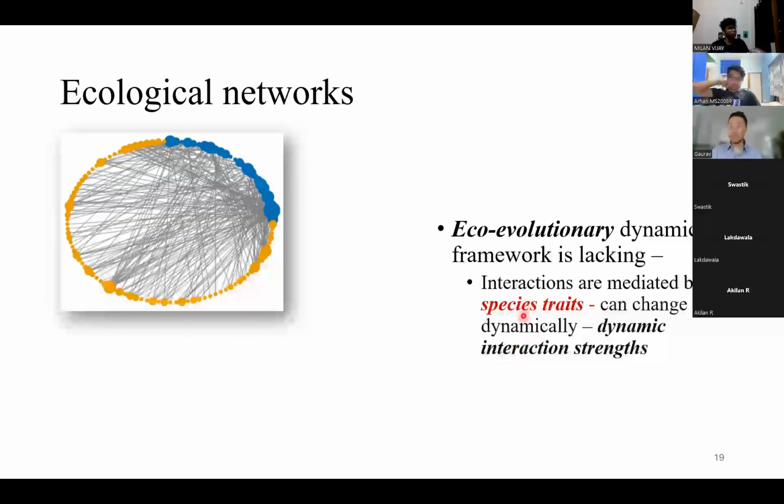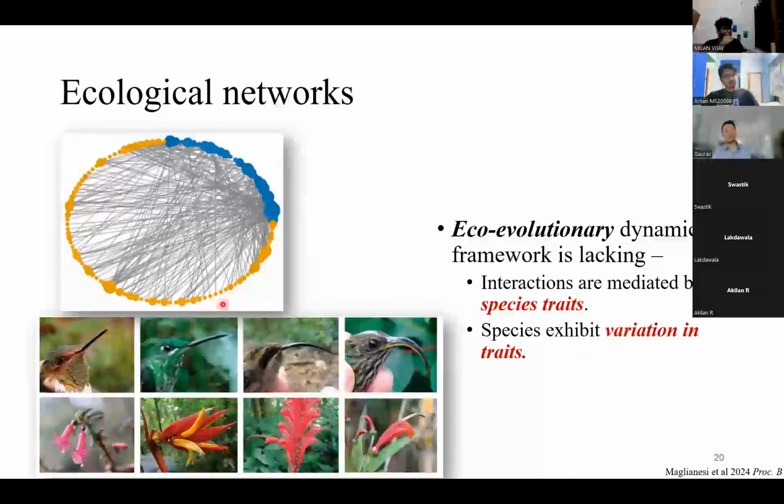Species traits, the phenotypes that species possess, can change dynamically. And if they change dynamically, then the interaction strengths or interaction coefficients are no more static, but become very dynamic in nature. For instance, let's take this plant-pollinator network again.